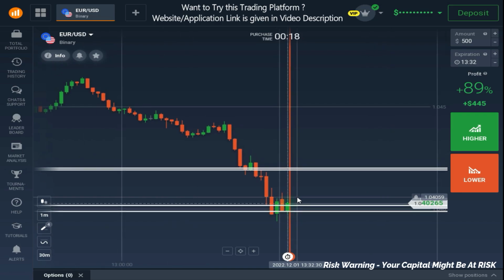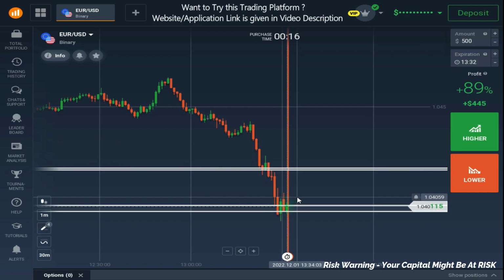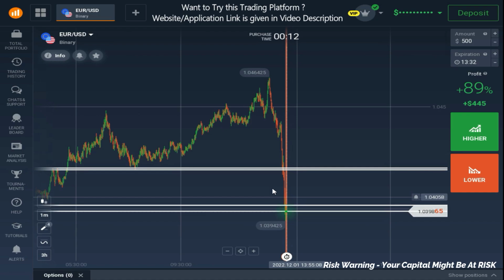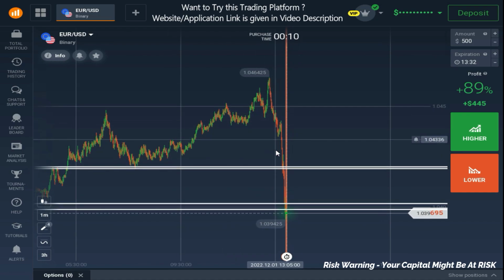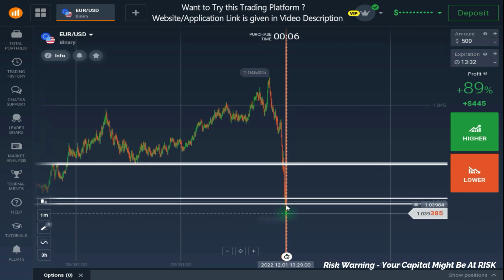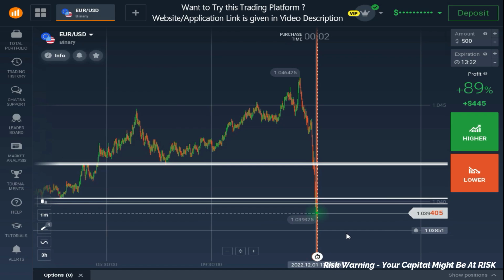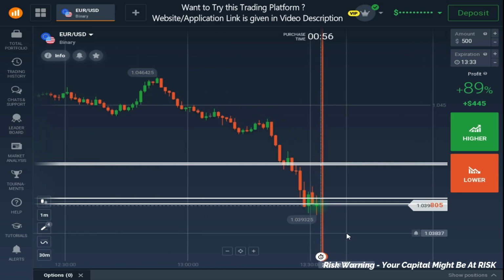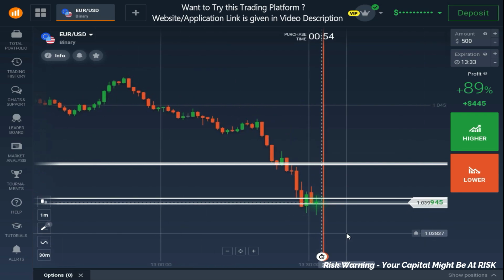Although I'm very sure that the market is going to retrace in the future, and the time is very near, because you can see this is a very sharp move in the market, and we are going to get a reversal, and the intensity will be very high. I am very sure about it, but I will not take the trade because my risk appetite is finished.